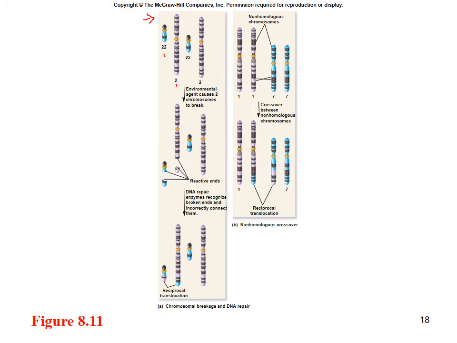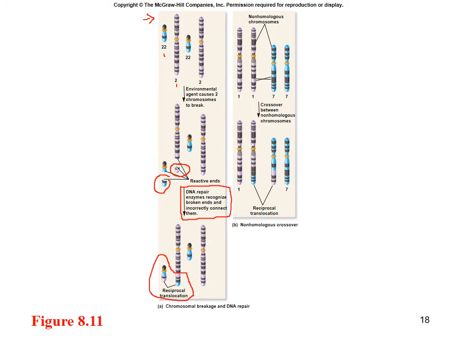And let's say for some reason, maybe an environmental factor comes into place, and there is a breakage that occurs. And when the DNA repair mechanism is activated, a horrible mistake is made, and instead of returning the breakage end to its proper original chromosome, they are swapped.